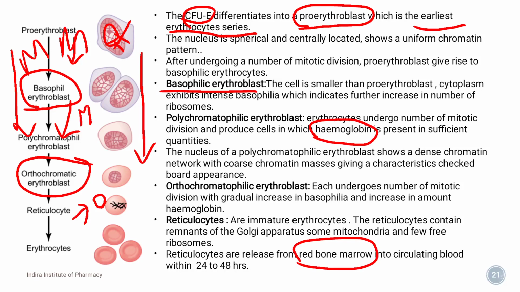Once they are released from red bone marrow, they enter into the circulation. That is, they are ready for their function. They are now mature and circulate into the blood vessels and capillaries within 24 to 48 hours, having ejected the nucleus.